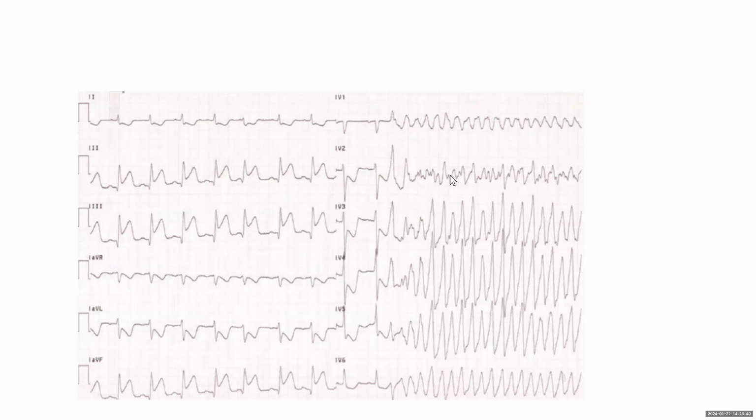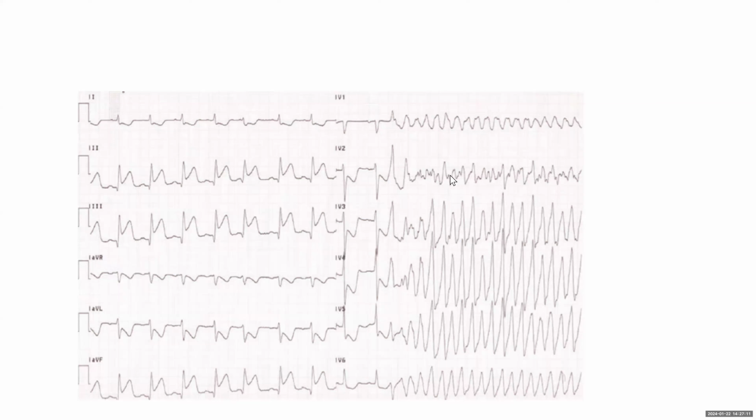You say it's torsade or VT? Yeah, so this is just for teaching purposes. When VT is polymorphic, we divide it into torsade or just polymorphic VT. To call it torsade, you need to have long QT, and the initiation of polymorphic VT is preceded by a long RR, then a PVC.